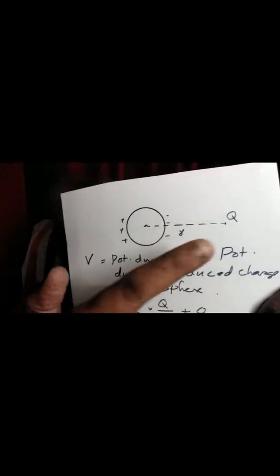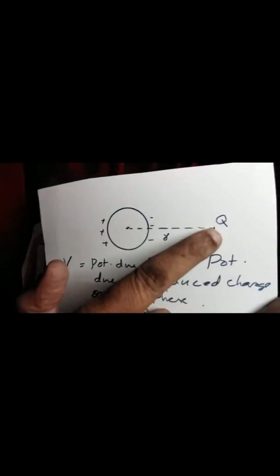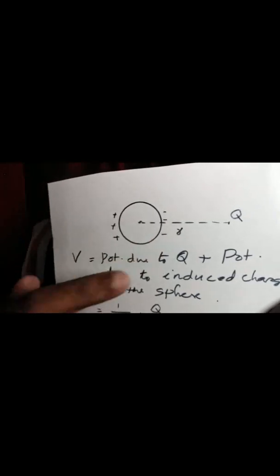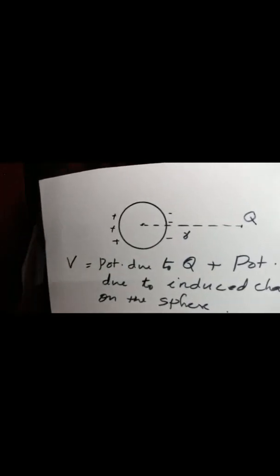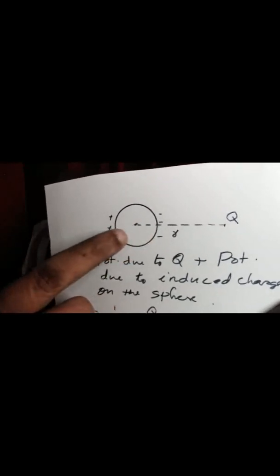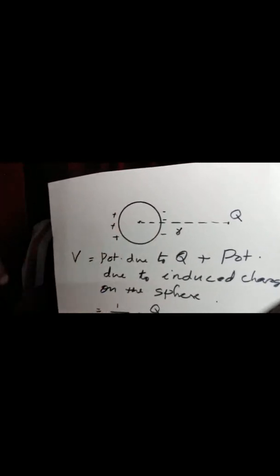the potential V of this sphere is the potential created by Q on this sphere plus the potential created by charges induced in the sphere.